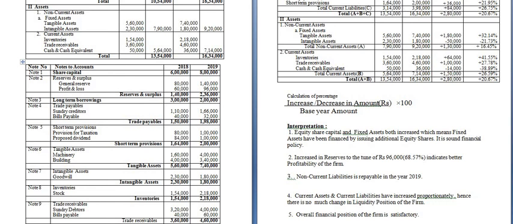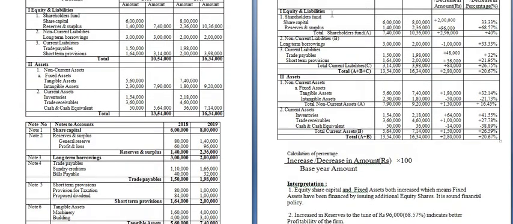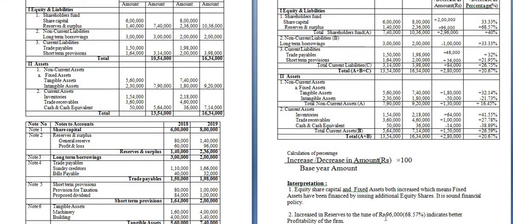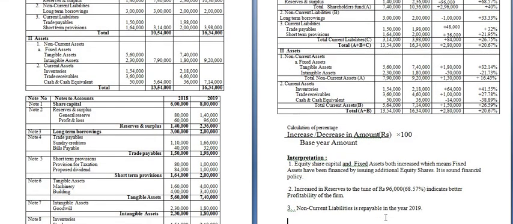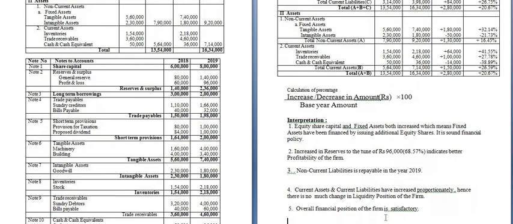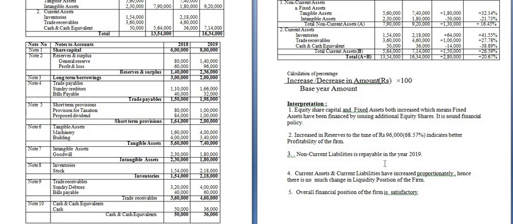Here you can check the amount of reserves and surplus is being increased. So here we can write increase in reserves to the tune of rupees 96,000, which is 68.57%, which indicates better profitability of the firm, which means that the firm has earned a sound profit in the year 2019. Okay, and third interpretation already we have discussed, that is non-current liabilities is repayable in the year 2019.